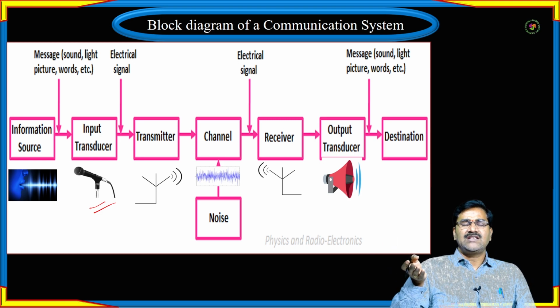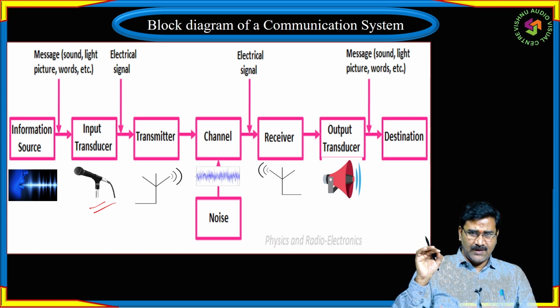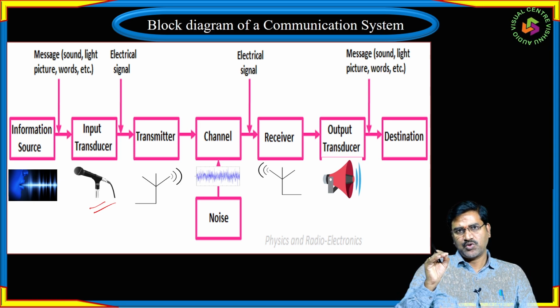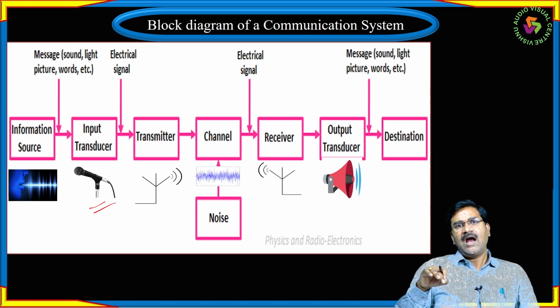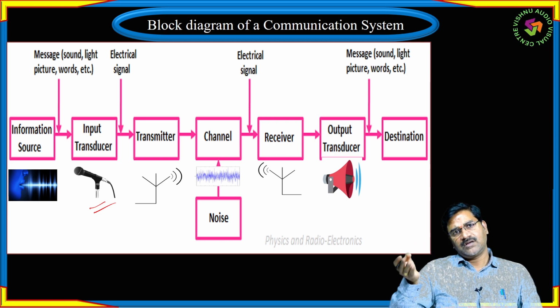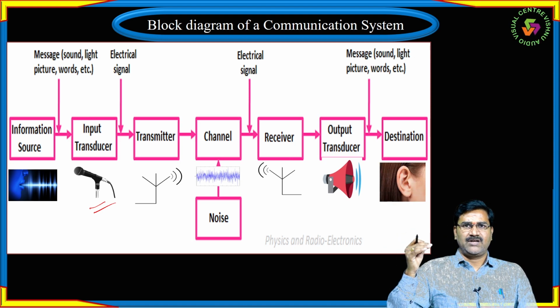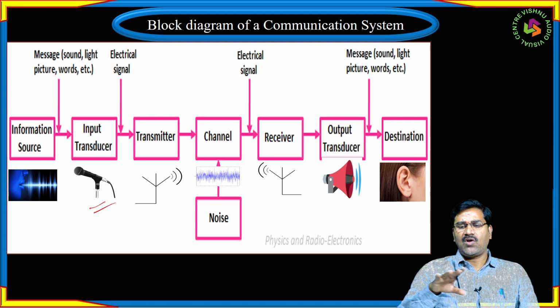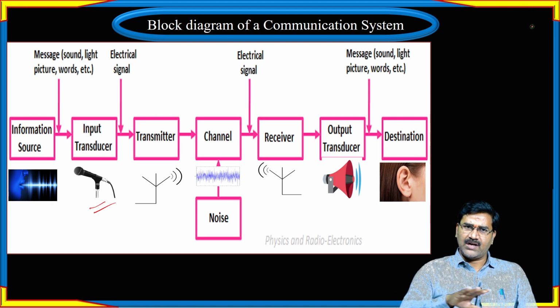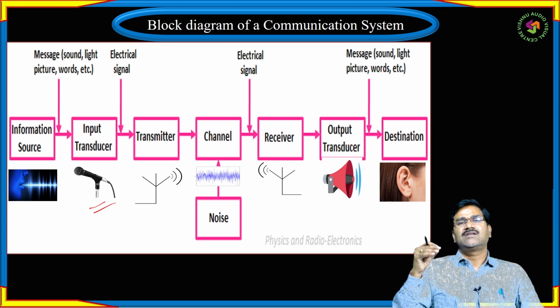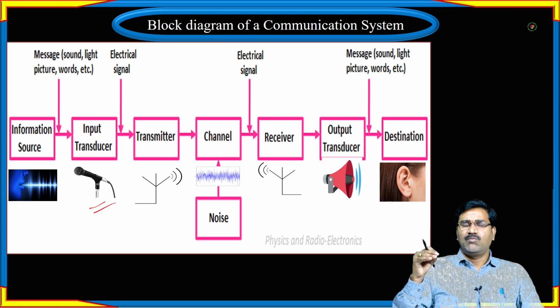In this particular case, we are using a transducer as a loudspeaker, which will accept an electrical signal directly proportional to the received electromagnetic signal, and it will be given to the destination, or else the human ear can get that signal. So this is the overall normal working of a communication system, where the electrical signal or sound signals can be modulated and transmitted over a longer distance.